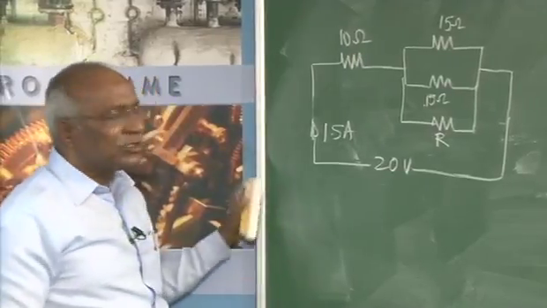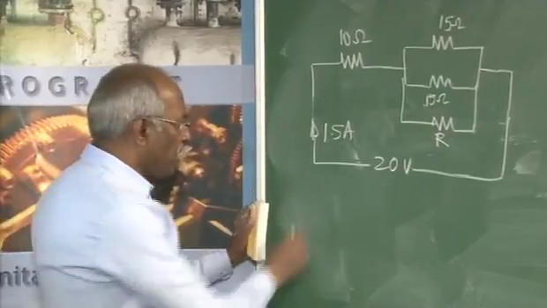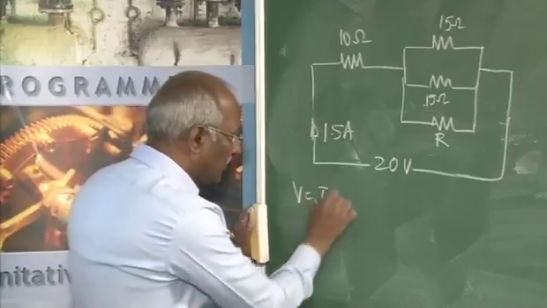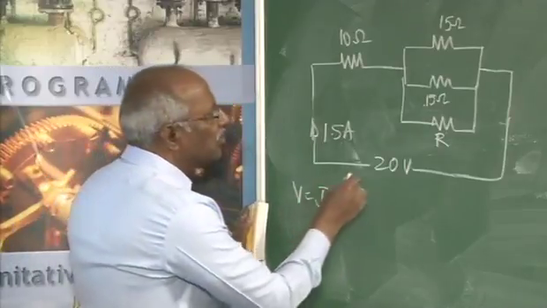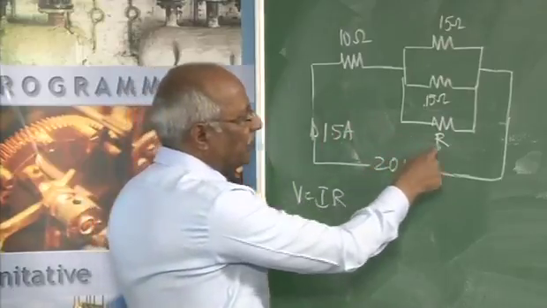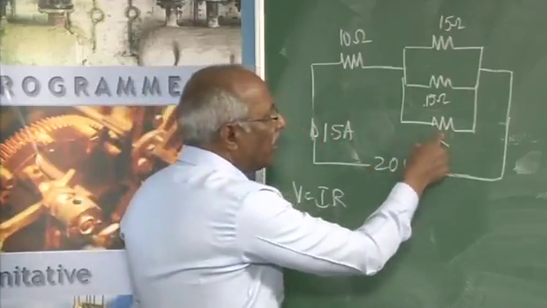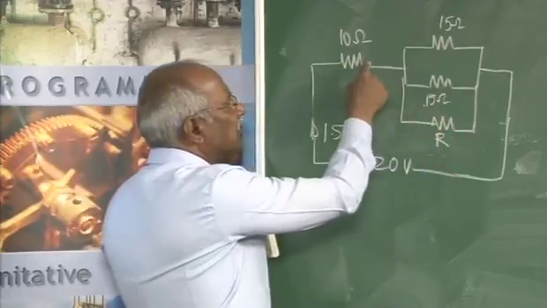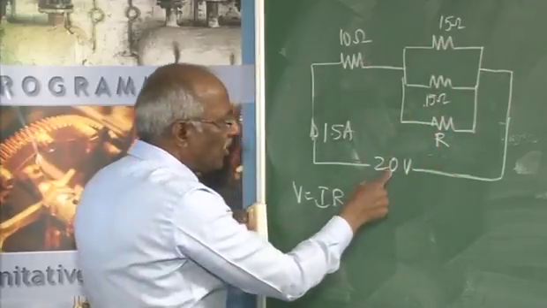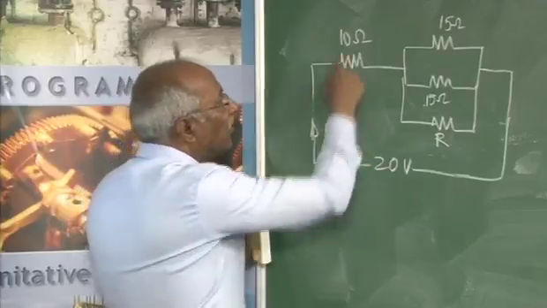Here it is almost an Ohm's law problem where V is equal to IR. If I know the value of this R, these three are in parallel and that is in series with this. Since I know the voltage and the current, I know the equivalent resistance.